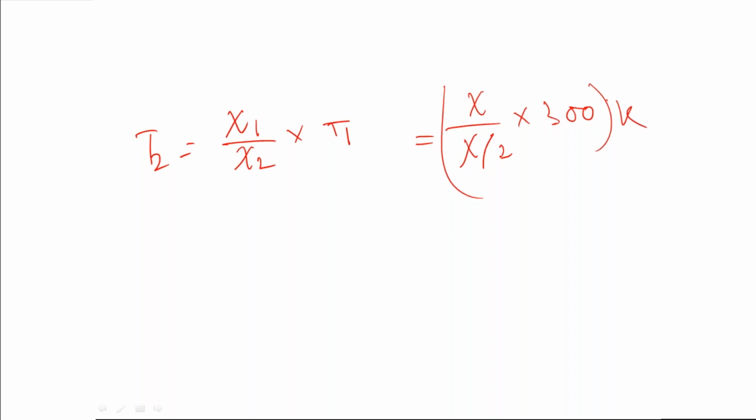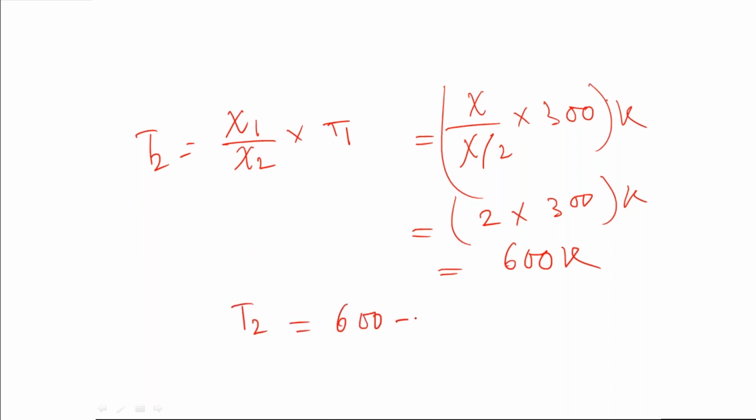Chi1 is given as chi, chi2 is chi by 2, and T1 is 300 Kelvin. Susceptibilities are dimensionless quantities. So it is 300 into 2, which is 600 Kelvin.